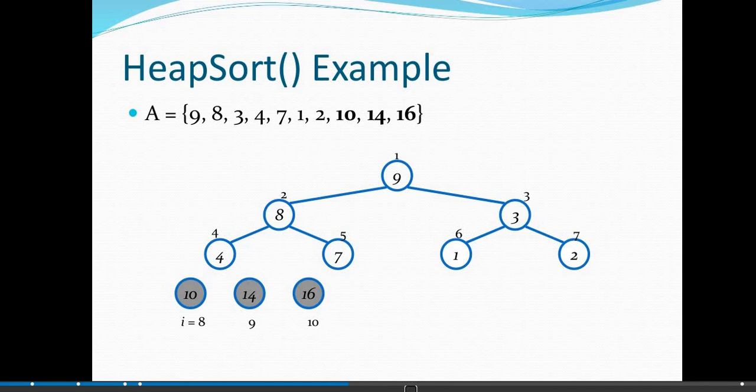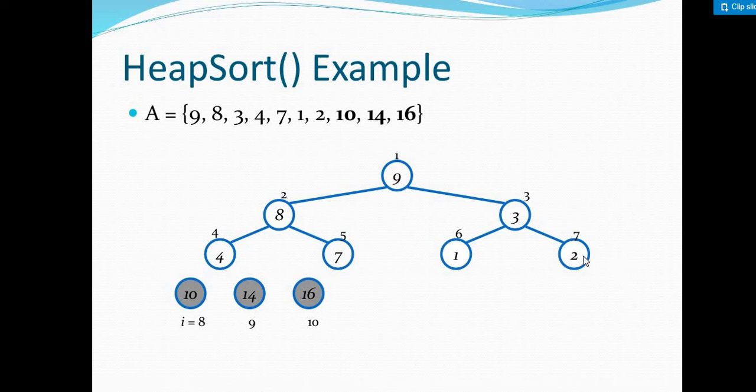Now this process will be repeated again and again. 9 will be the next largest number and will go to the next last place: for the last place, second last, third last, fourth last, we have to replace the next last position with the top element.